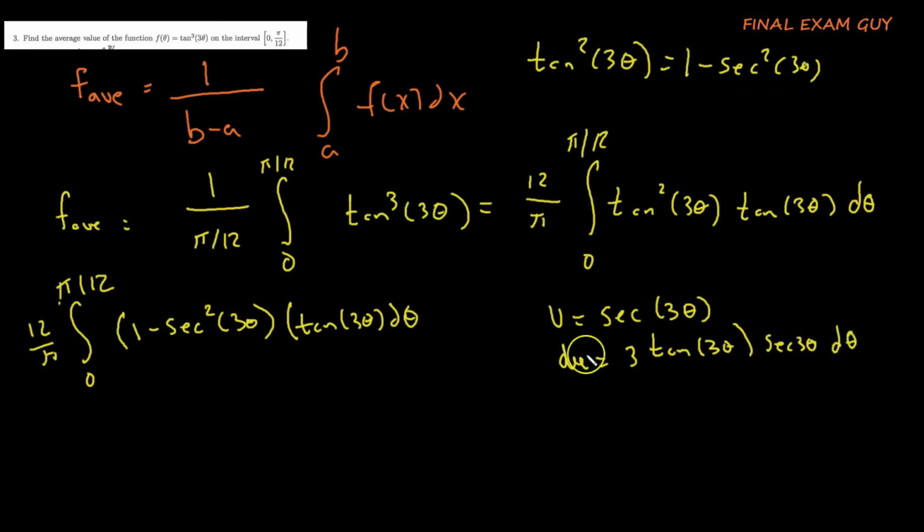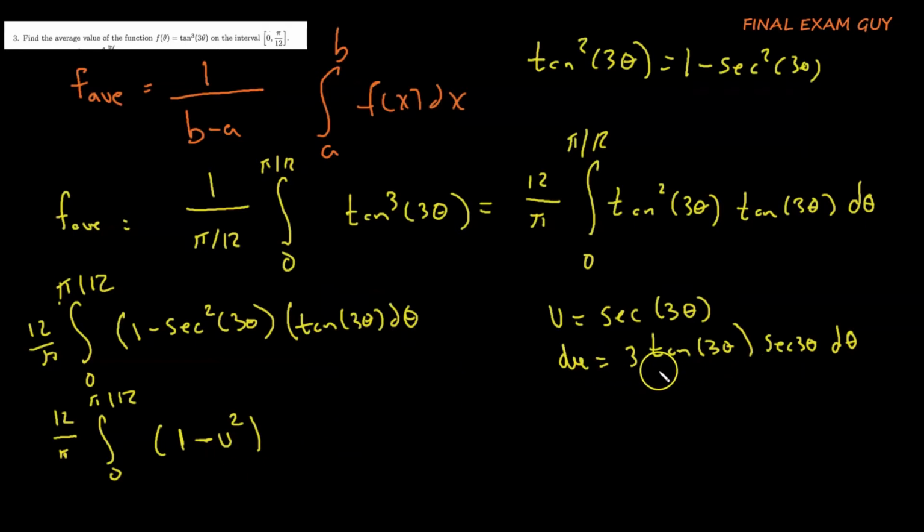So you see that if I plug in my u that I just declared was secant 3 theta, I'll get u squared minus 1. And now we're left with this tan 3 theta d theta. We need to get rid of that, right? So we can make everything in terms of u.